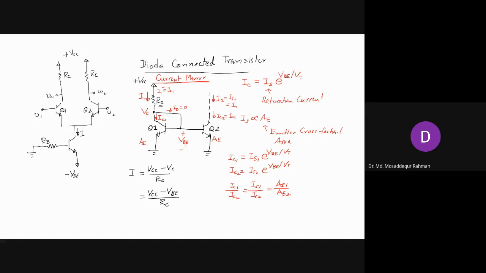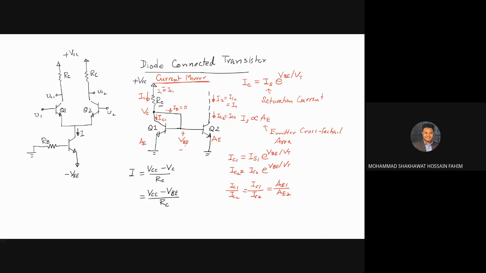Obviously, it is not in cutoff, otherwise current will not flow. Yes, sir. And saturation, of course, not saturation, because then the collector base junction has to be forward biased, right? But here, the collector base junction is not forward biased. So I presume this will be in active mode only.